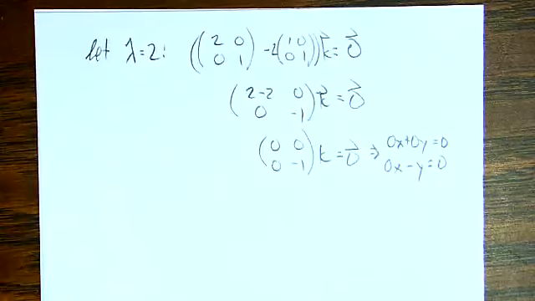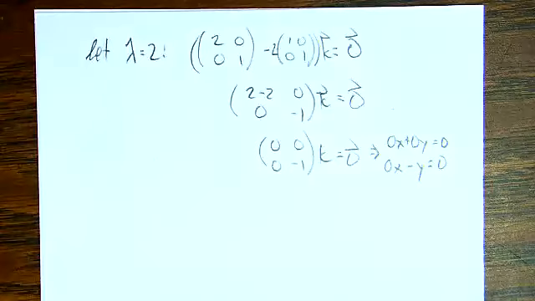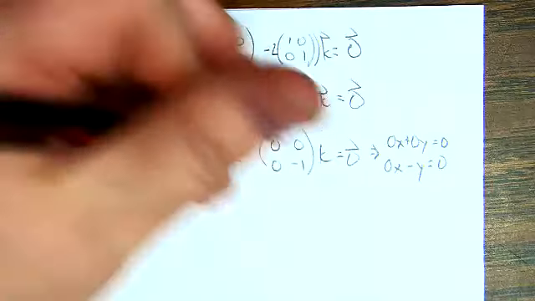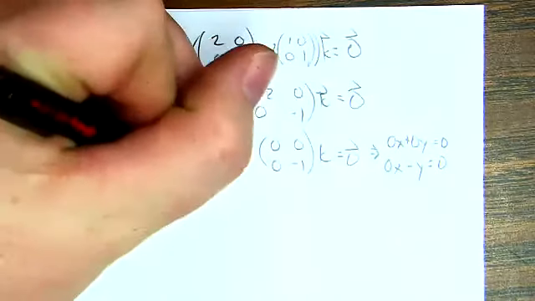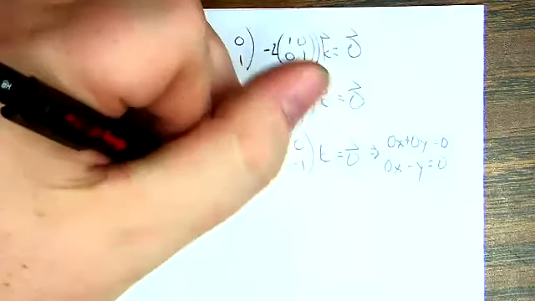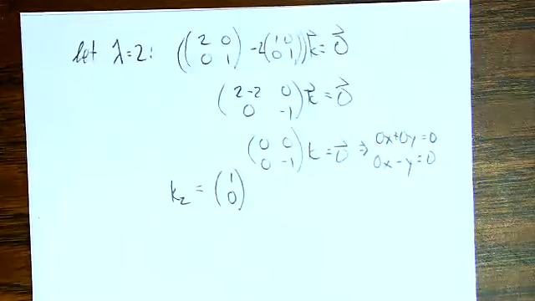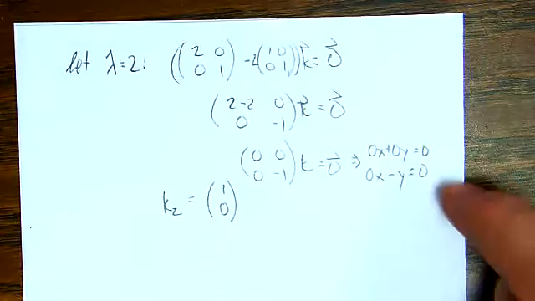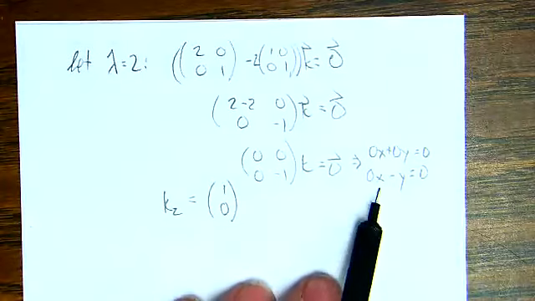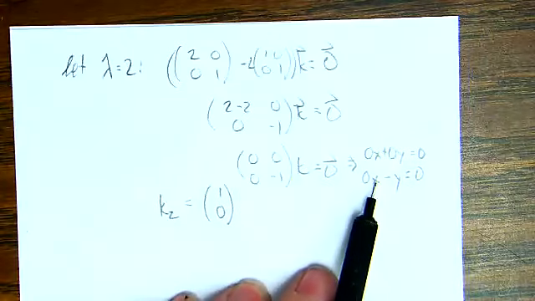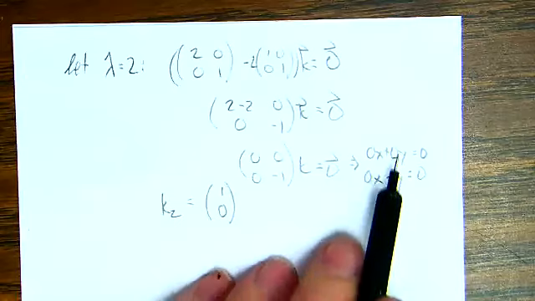This tells us the value of y must be 0, but I have freedom in choosing an x value, so my eigenvector associated with this is going to be 1, 0. Again, this equation tells me it doesn't matter what I plug in for x, so I can plug anything I want to. And y has to be 0.